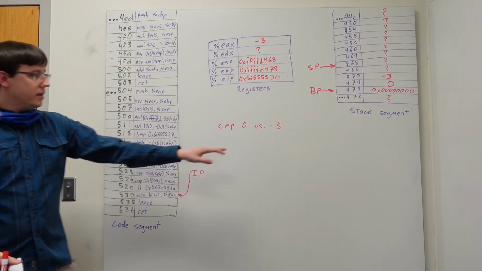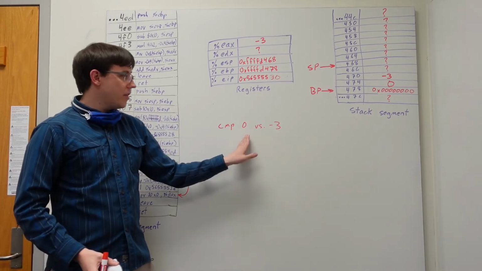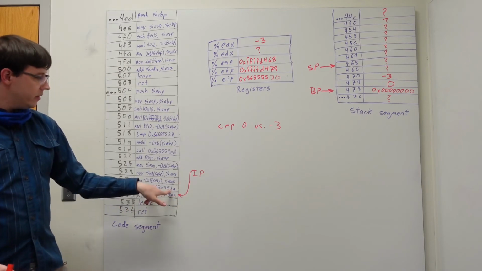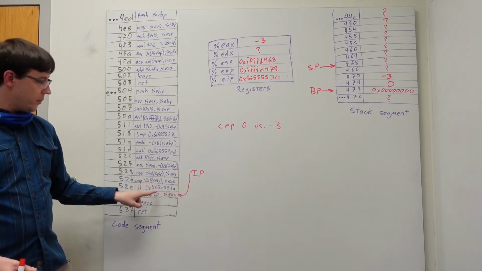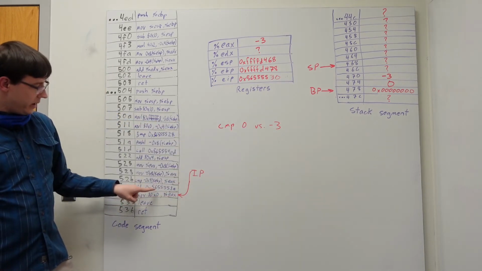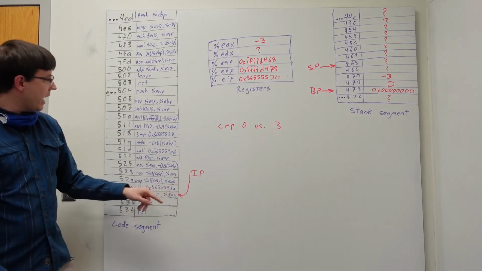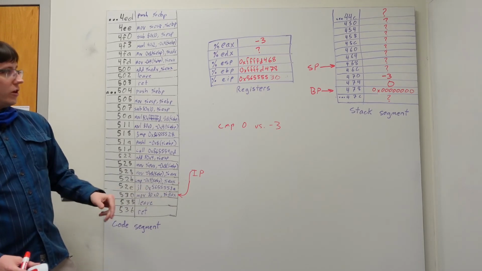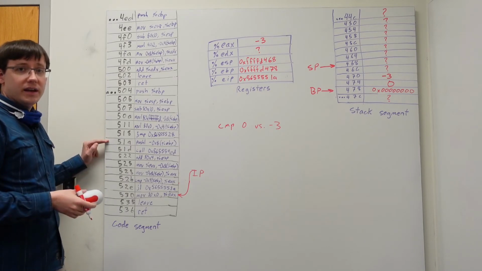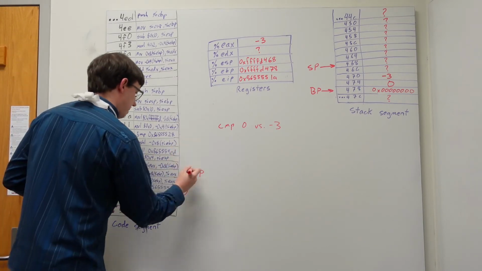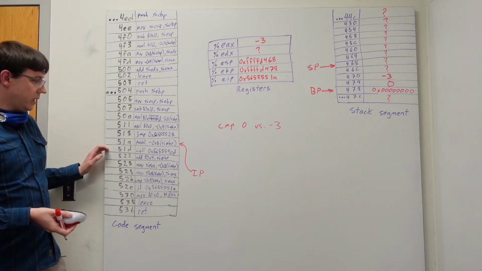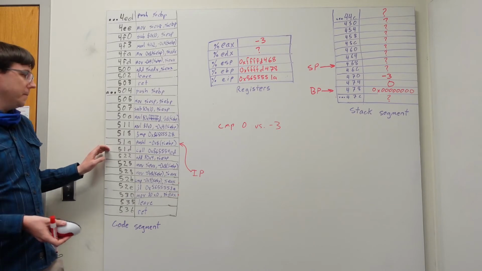And then if this is less than this, we will overwrite the program counter with the destination of the jump. Since, in fact, B is less than A, we will jump, and so we will load 51A into the instruction pointer, which jumps us up to this as the next instruction we will execute. On this instruction, we fetch and increment the instruction pointer.